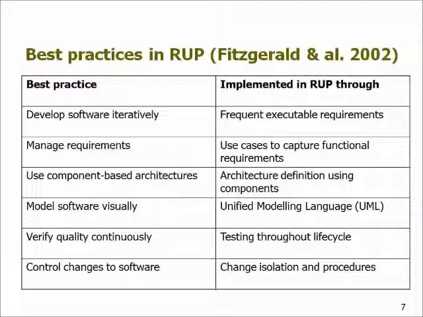Obviously, the diagrams enable us to model the software visually, and the testing work continues throughout the life cycle. When we have something that we can test, we will start doing testing work with that part.